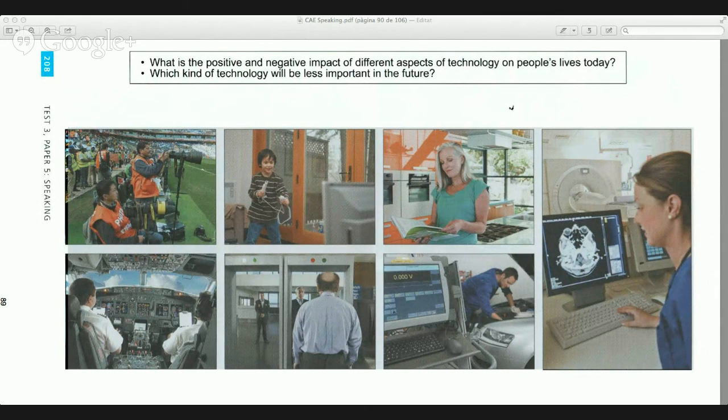Well, yeah, definitely in the right direction. But for me, sometimes I think technology facilitated our life and it gave us better luxuries.